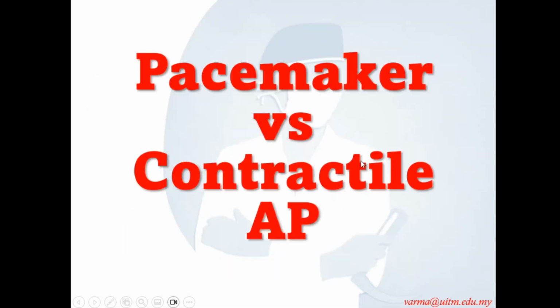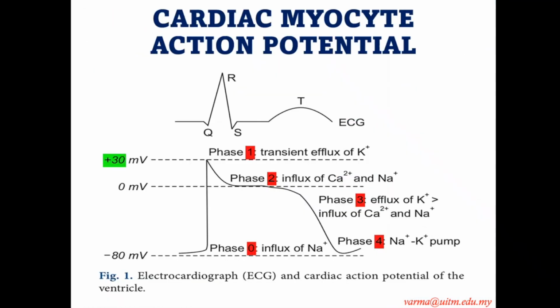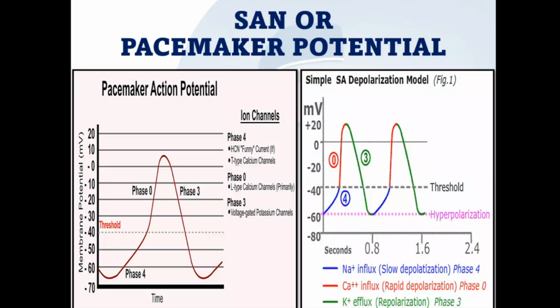You just have to remember the differences in pacemaker potential. Usually the spike, the depolarization, is always called phase 1. Whereas in skeletal muscle, you see this part is called 0, this is 1 and 3. Whereas here in pacemaker potential, the depolarization part is what they call 0. The upstroke is what they call 0.